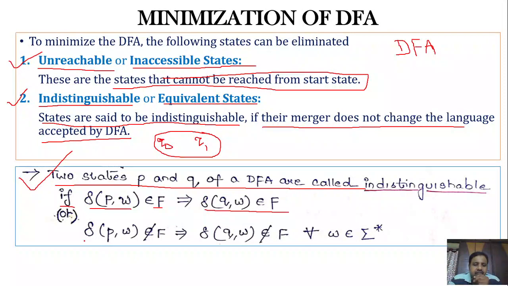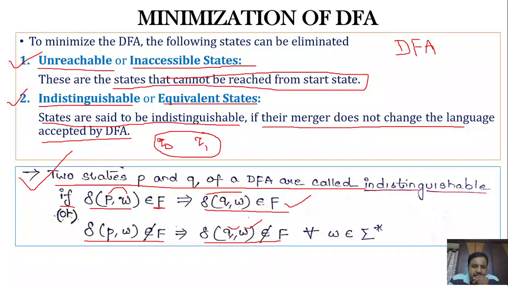Otherwise, if delta of p comma w does not belong to the final states, it implies that delta of q comma w also does not belong to the final states. So whenever you perform the transition from p on w and get a final state, then processing w from q should also give a final state. Or if processing w from p does not give a final state, then processing w from q also does not give a final state.